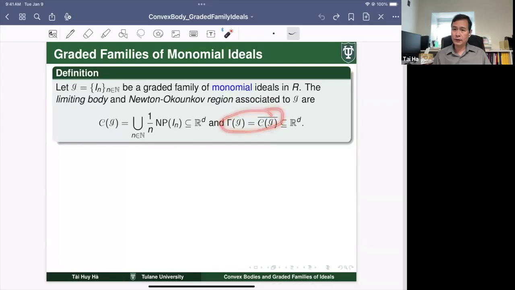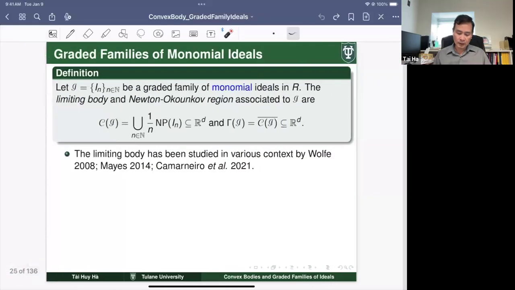This region here is convex and closed, but it's not necessarily compact. And in general, it is not compact, as opposed to the Newton-Okounkov body, where often it is compact. So that's why one calls the other construction the Newton-Okounkov body, and here we call it the Newton-Okounkov region. This construction has been studied and considered by various people in different contexts.